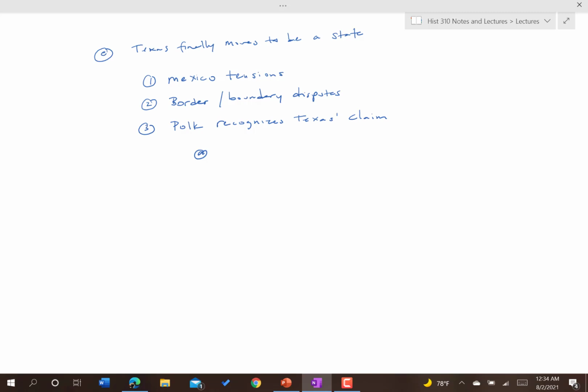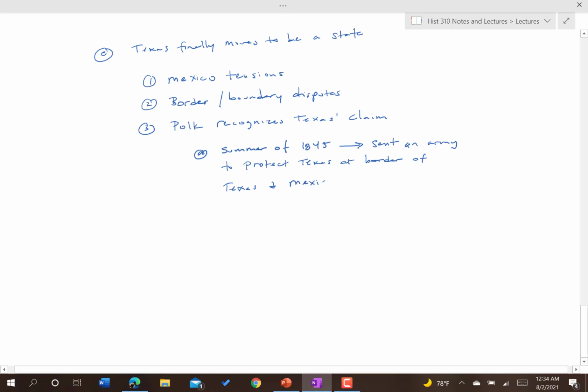What he did after he recognized Texas's claim is in the summer of 1845, he sent an army to protect Texas at the border, at the river.